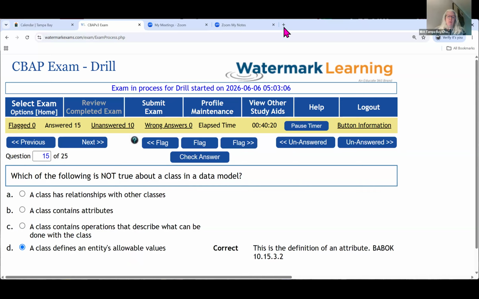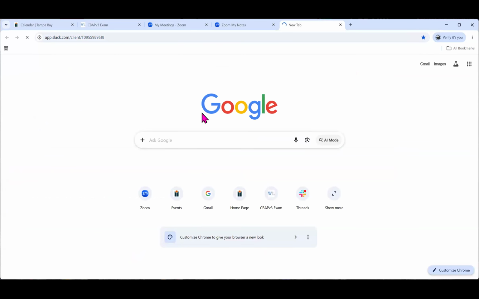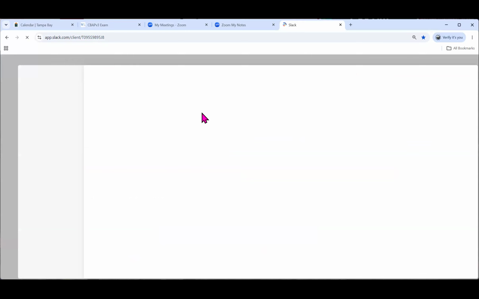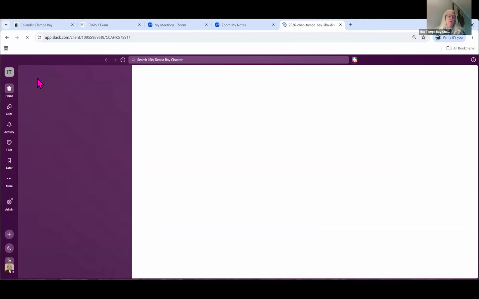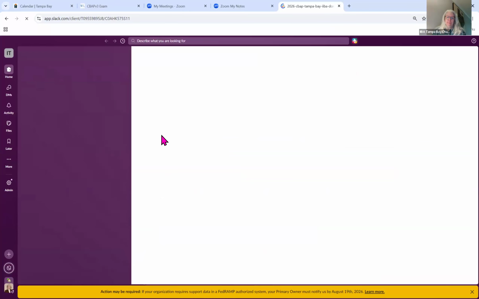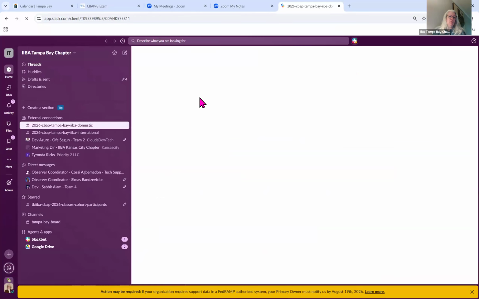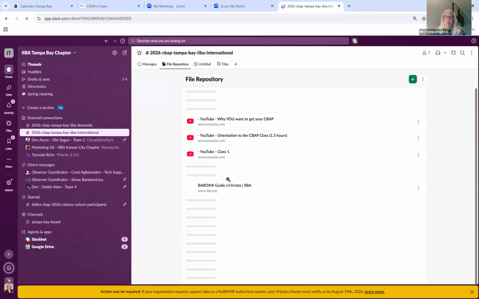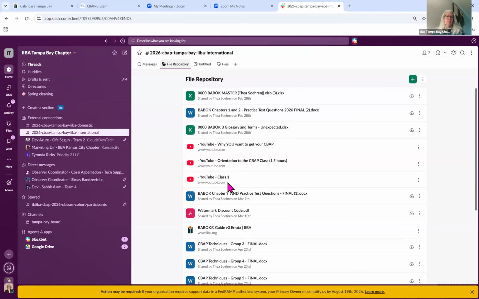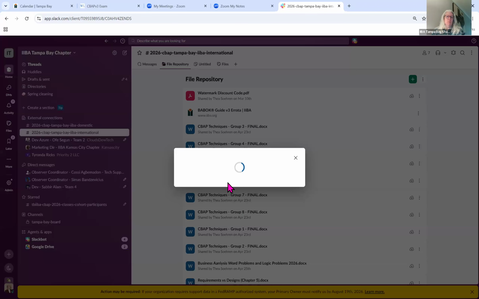Let's go over to Slack real quick. I'm going to show you the document that I created for you here. In your international group, in your file repository, we're going to go to group 6, and we're going to look at a class diagram.